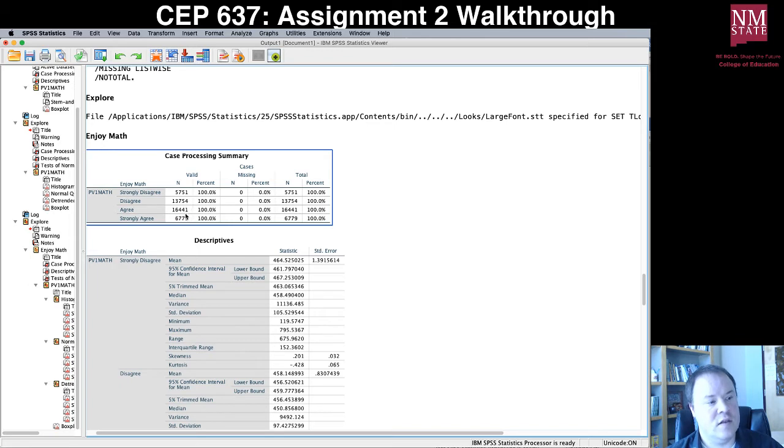These two groups in the middle are very similar in size, but still off by about 2,500 people, the agree group being the largest group. So there are fewer people willing to really say that they very much enjoy math or that they very much dislike math.